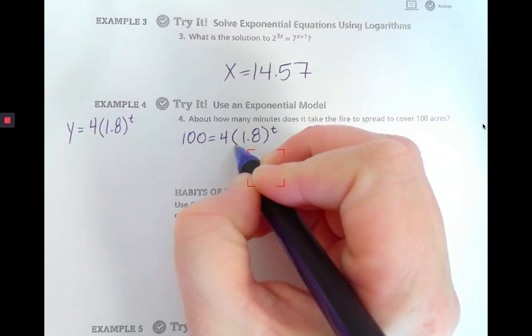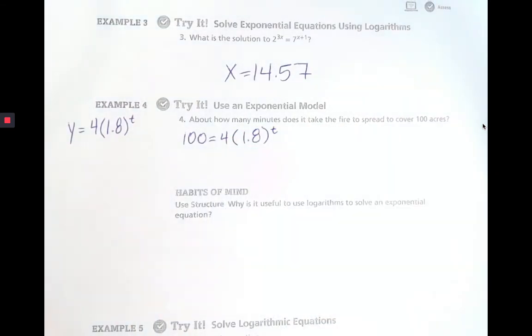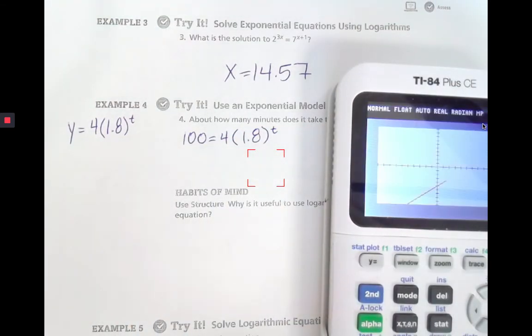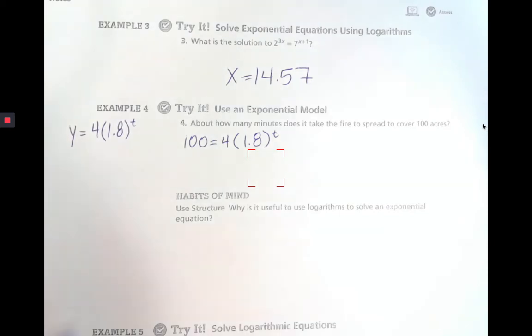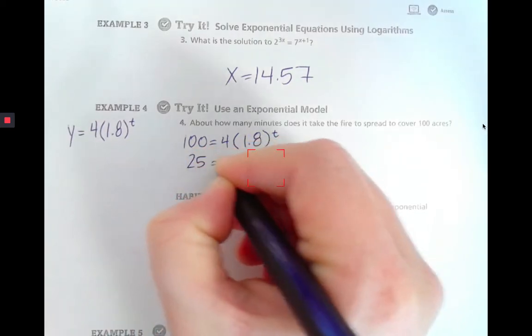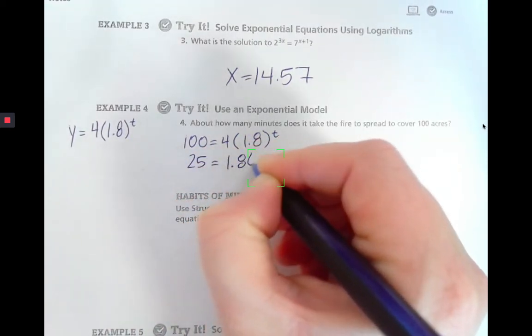I'm going to divide by 4. So 100 divided by 4 should be 25. 25 is equal to 1.8^t.